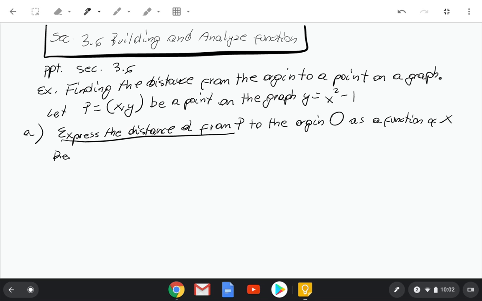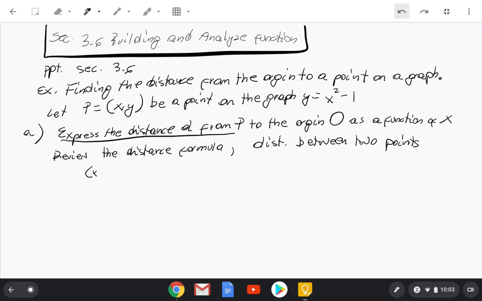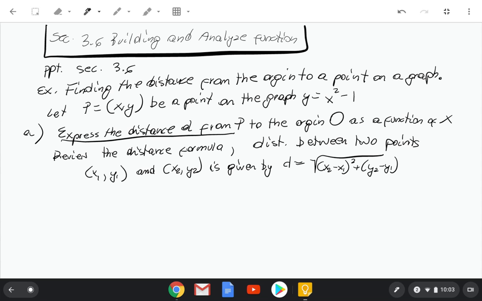So let's review the distance formula. So the distance between 2 points x1, y1, and x2, y2 is given by d equal square root x2 minus x1 to a second power plus y2 minus y1 to a second power.